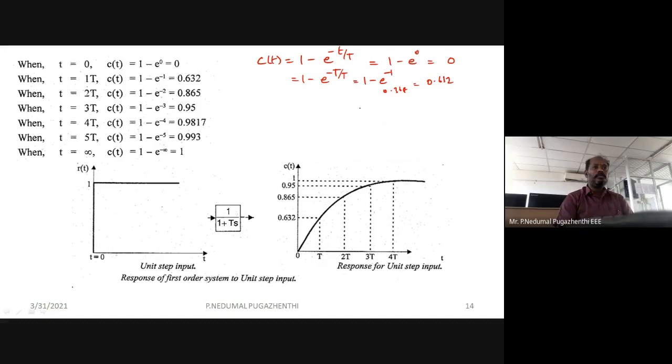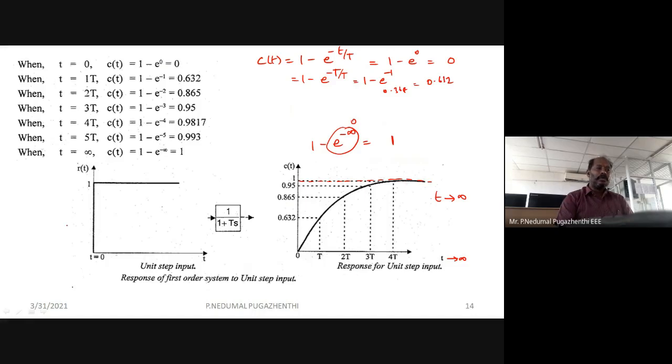Likewise, if you substitute t equal to infinity, it is 1 minus e power minus infinity, which is 1 minus 0, so you will get 1. So your final steady state value of 1 is attained as t tends to infinity, and it varies from 0 to 1. It tries to settle down, and it is a nice little curve which varies from 0 to 1 when you vary your time t up to infinity.